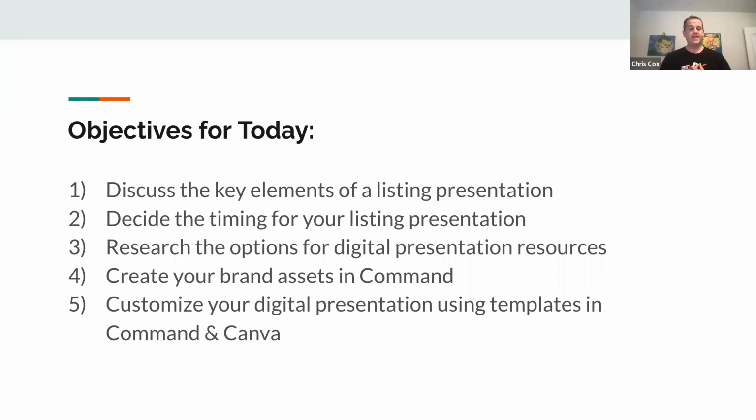As you know, with Keller Williams, we have Command as a tool. It is not the only tool that's available. In fact, for some, it may not be the tool they want to use, but it's a great free tool. So we are going to talk about that. We're also going to talk about creating your brand assets in Command, and then what you can do to customize your digital presentation templates in both Command and Canva.